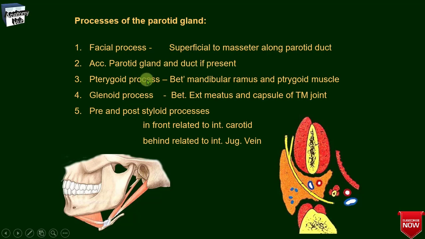Then the pterygoid process, that is between the mandibular ramus and the pterygoid muscle, and you'll find the glenoid process between the external meatus that you will find over here and the capsule of the temporomandibular joint. Pre and post styloid processes: in front you will find that it is related to the internal carotid, and behind you will find the internal jugular vein.